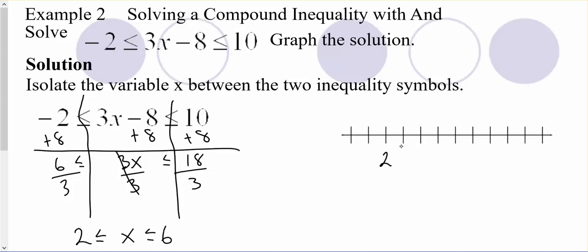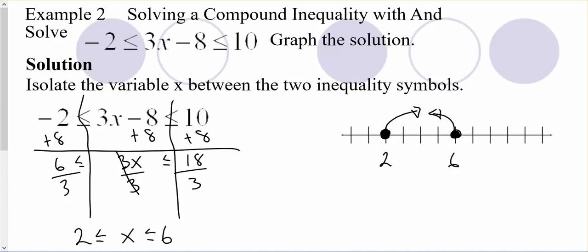So if this was 2, I'm greater than or equal to 2, so with the or equal to, I'm a solid circle. Greater than goes to the right. 3, 4, 5, 6 would be right here. 6, and I'm less than or equal to, so or equal to means solid circle, and less than goes to the left.